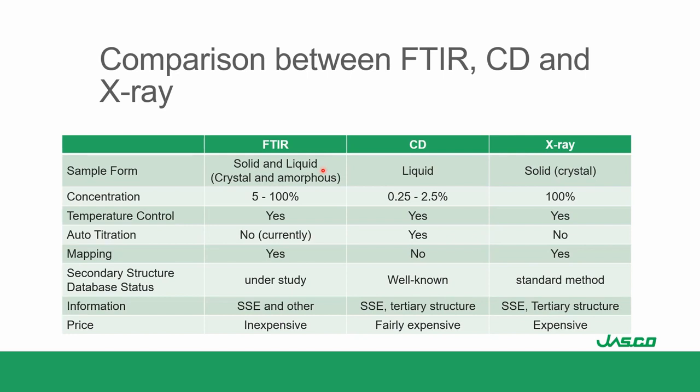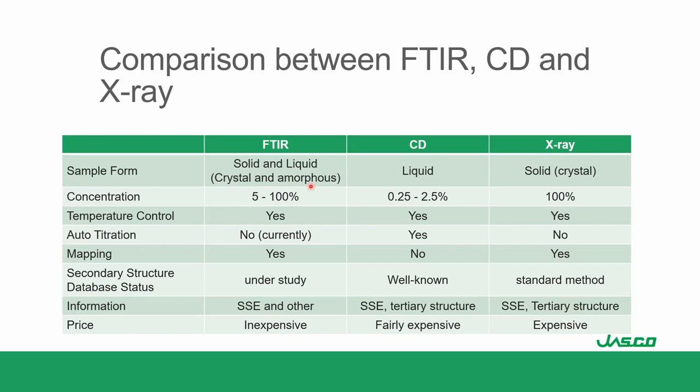In the case of IR, we can measure solid samples as well as in X-ray, but we can dilute these samples, and because they are diluted, we have the possibility to study amorphous samples. Also, the concentration can go up to 5%. That is very common, but I'm going to show that we can go even lower than that.